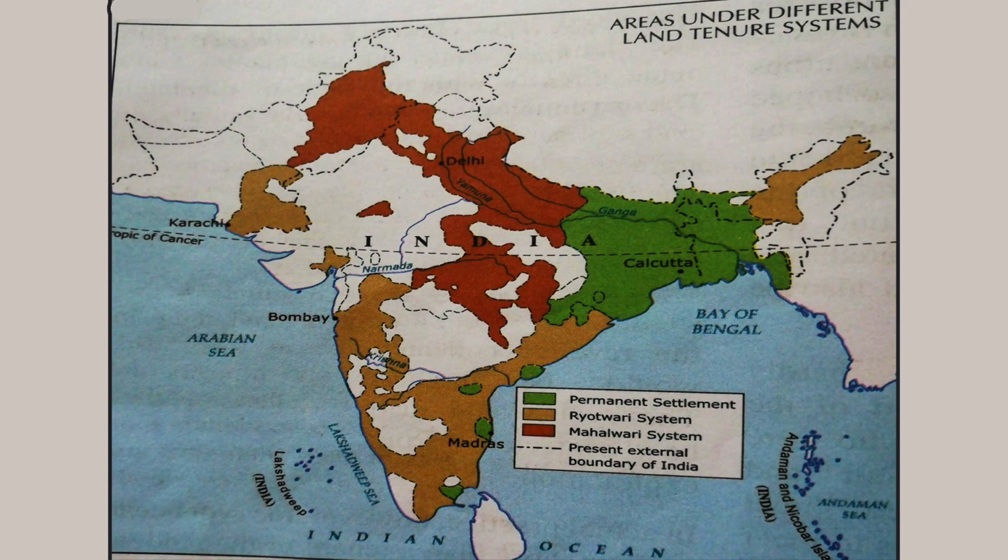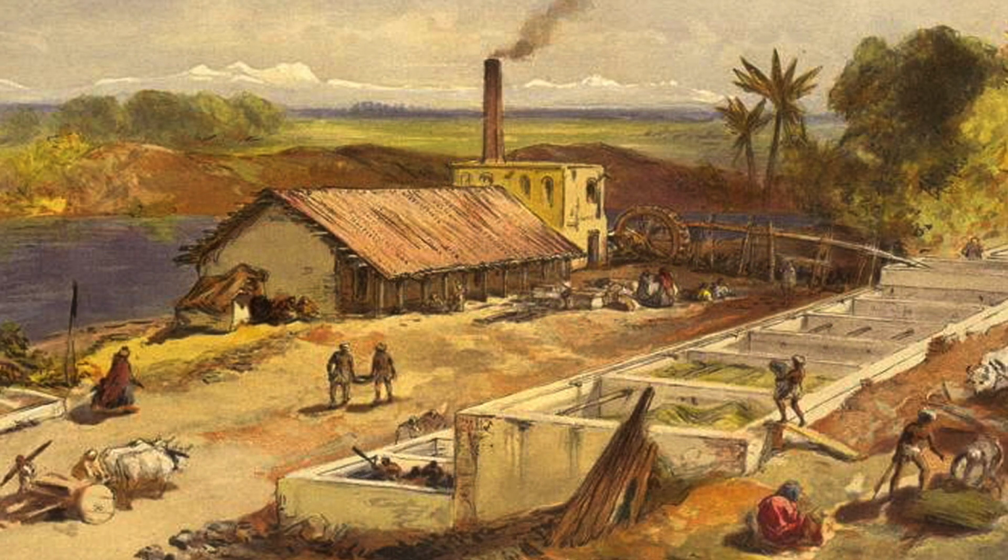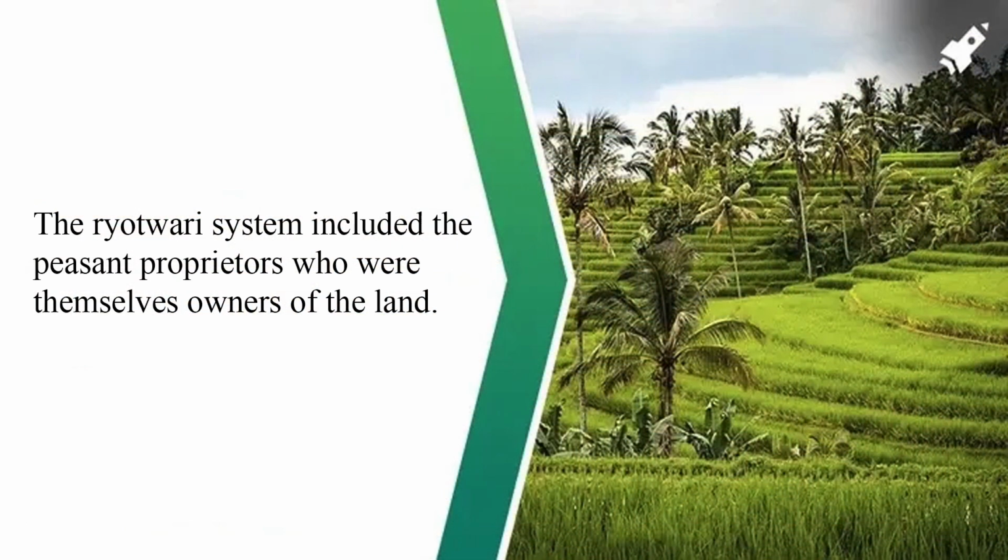Historically, as a result of the creation of Zamindari and Raitwari system, a new class of peasant proprietors emerged in India. While the Zamindari system was a link between the tenant and the state, the Raitwari system included the peasant proprietors who were themselves owners of the land.